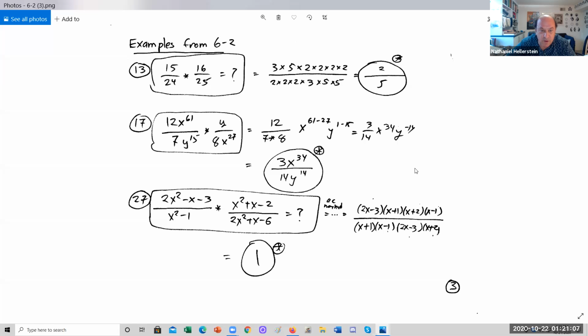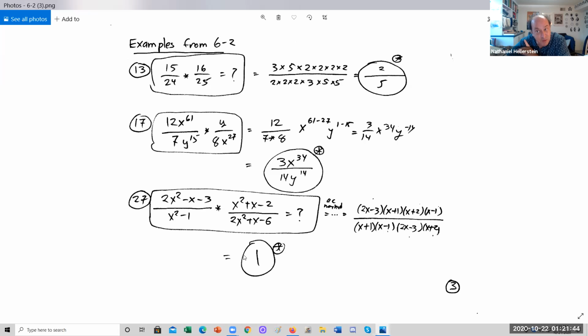After a bunch of factoring, 2x squared minus x minus 3 is 2x minus 3 times x plus 1. x squared plus x minus 2 comes out to x plus 2 times x minus 1. x squared minus 1 is x plus 1 times x minus 1, the difference of squares. 2x squared plus x minus 6 comes out to 2x minus 3 times x plus 2. Now look what happens. The 2x minus 3s cancel. The x plus 1s cancel. The x plus 2s cancel. The x minus 1s cancel. All of the factors cancel, leaving behind a 1.